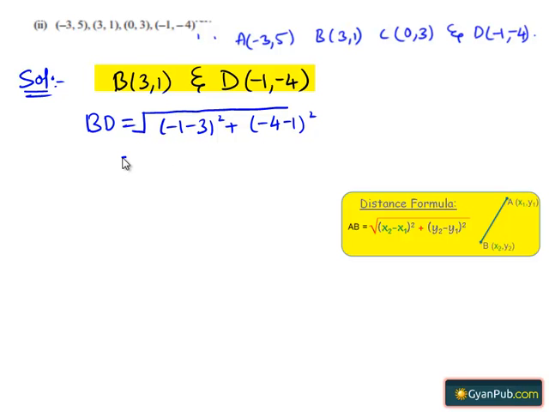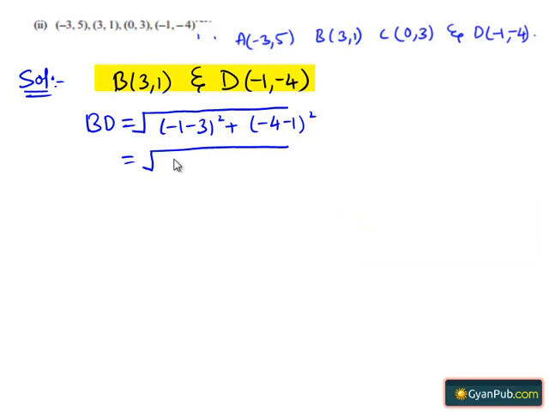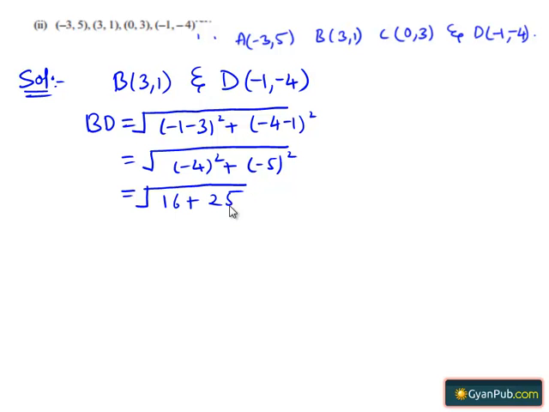That is equal to under root of -1 minus 3 is -4, so (-4) square plus -4 minus 1 is (-5) square, which is equal to under root of (-4) square is 16 plus (-5) square is 25. That is equal to under root of 25 plus 16 is 41.